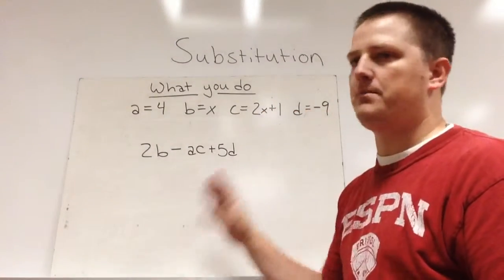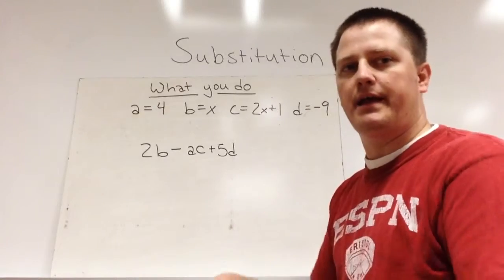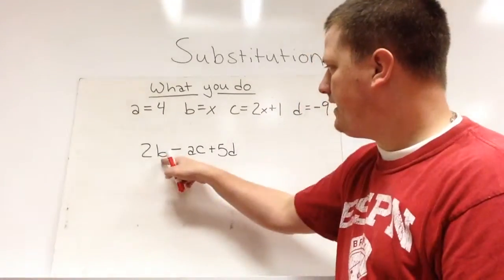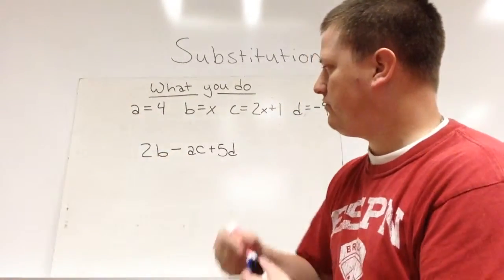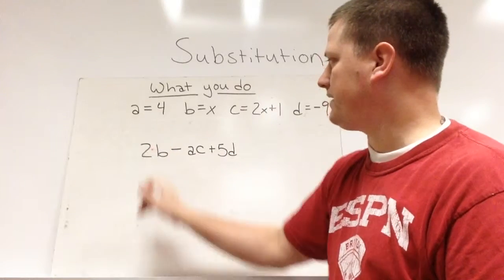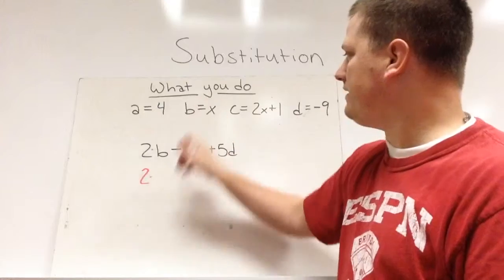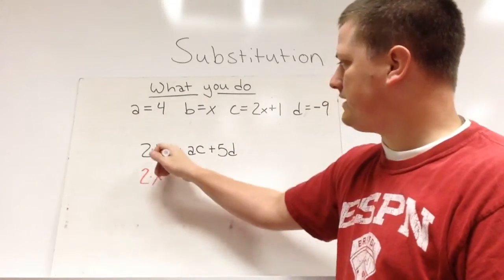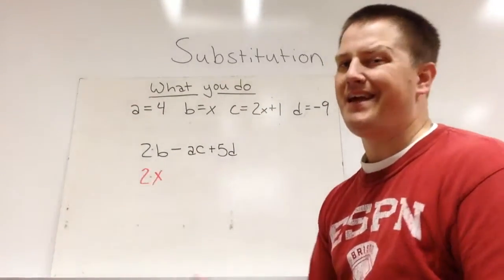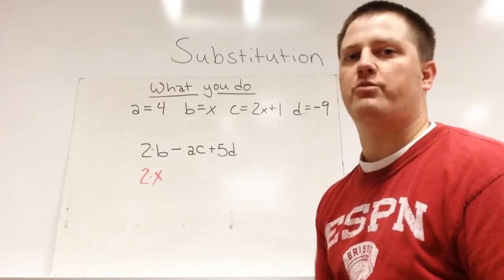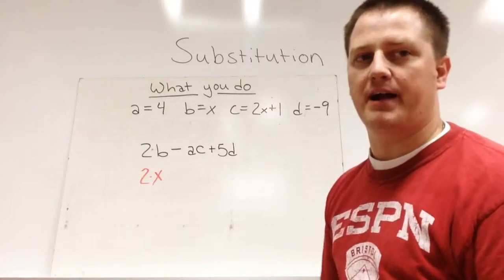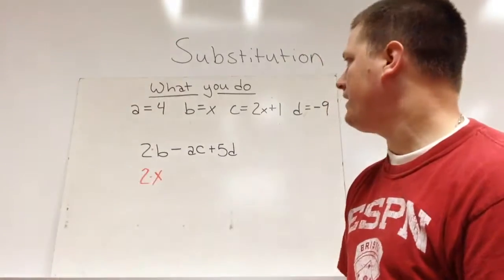So what I'm going to do is put the things that are equal in. So I've got 2, since it's next to the letter b, it's really multiplication. So I've got 2 times b, which is x. So I'm going to take b out and put x in its place. It doesn't really help us with the problem. Just want you to see that we can flip-flop variables at any time that we need to.